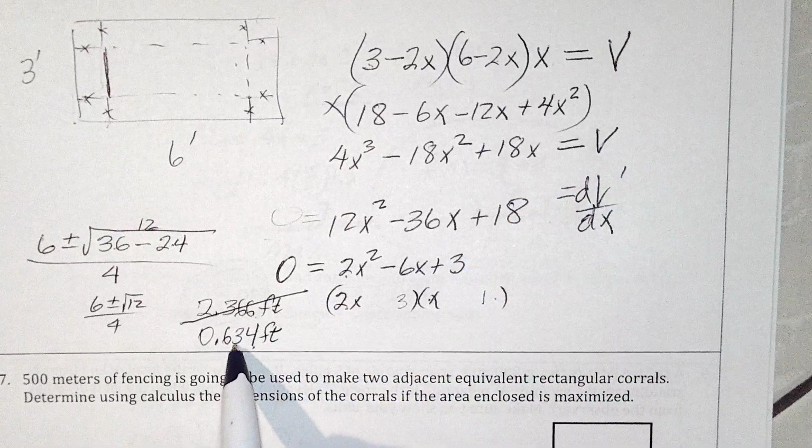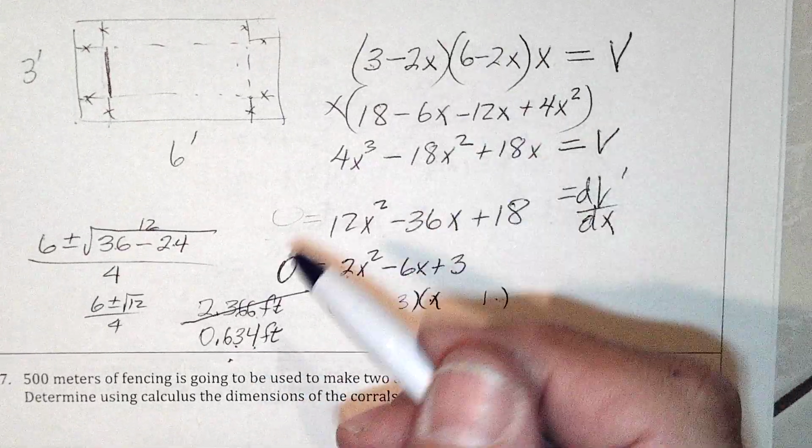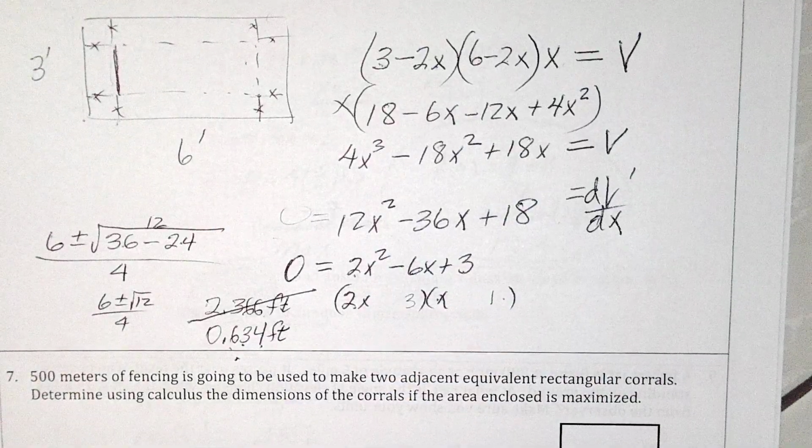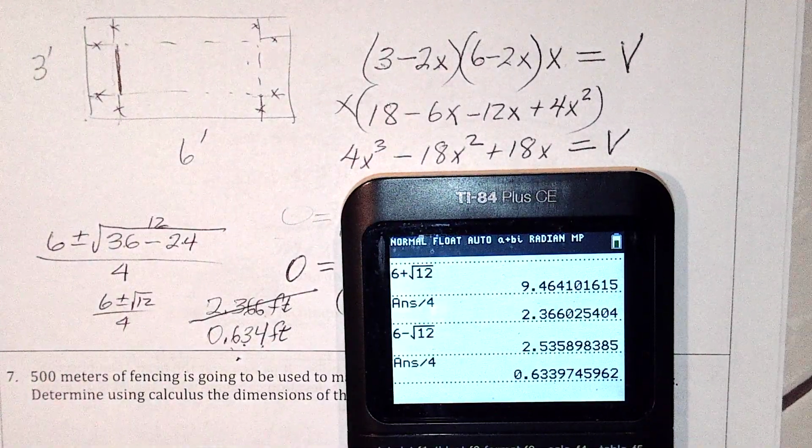So the dimensions that work would be 3 minus 2 times that. So let's double that.